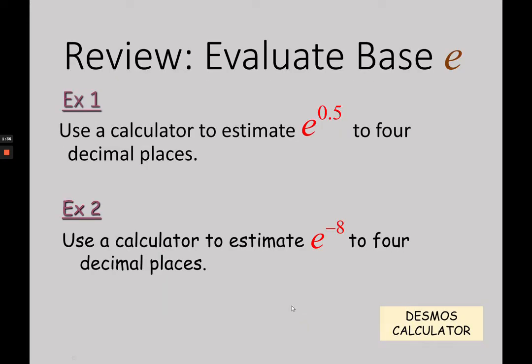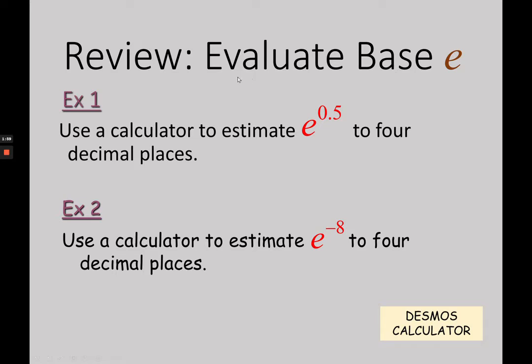Now, this lesson is going to start with a series of review before we jump into solving actual base e exponential equations and natural logarithmic equations, which have ln only on one side and the other side is a number. We can also use your Desmos calculator.